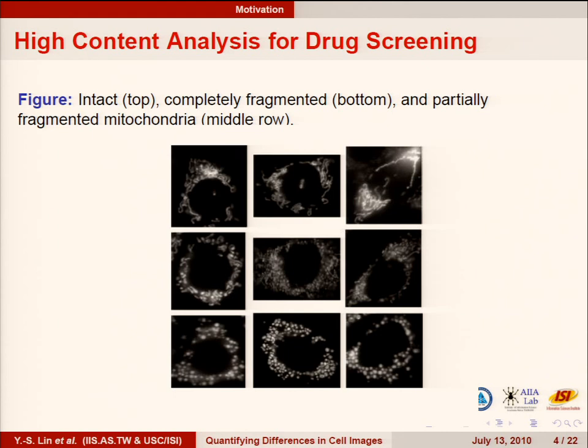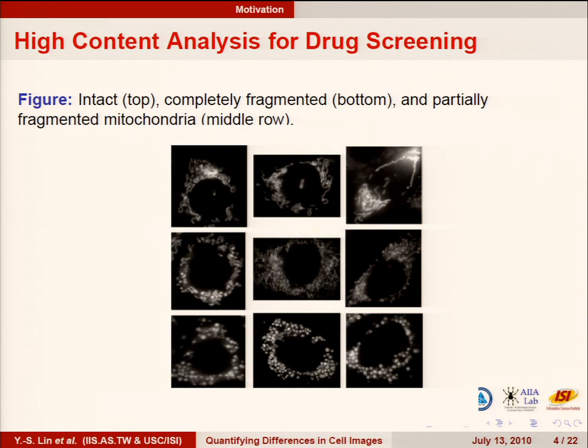As an example, I show you three sets of images. The images are single cell images, fluorescent, so we can observe their morphology.